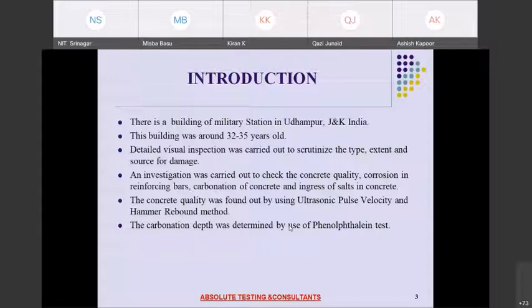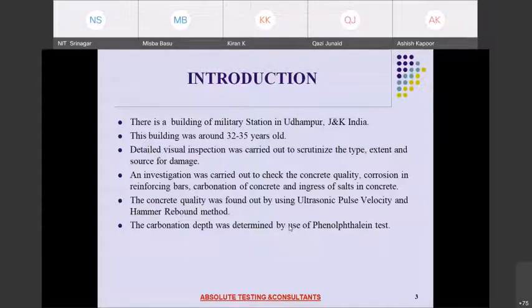Is it a structural defect or a surface crack? Because there may be chances that the crack is on the plaster surface only. So by using these techniques we can find out the extent of the crack. And the third and most important is the source of damage: why this type of structural crack or defect is happening.